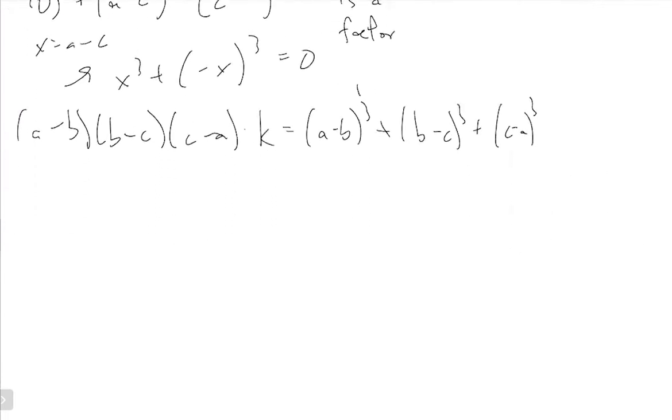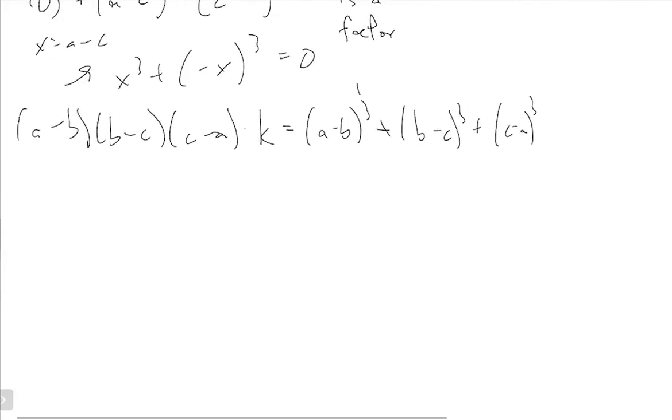And now what we can do is compare the terms of the form A squared B. If you expand, on this side, the A squared B term would be a negative 3 A squared B term from this first cube, and you would not get an A squared B from anything else.